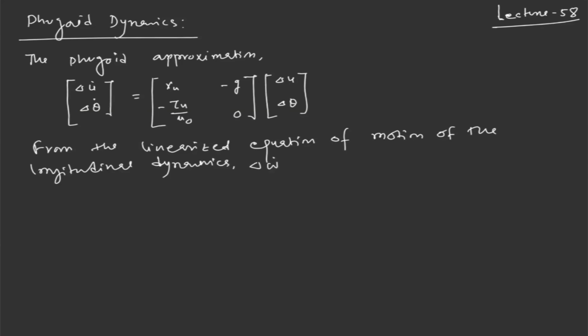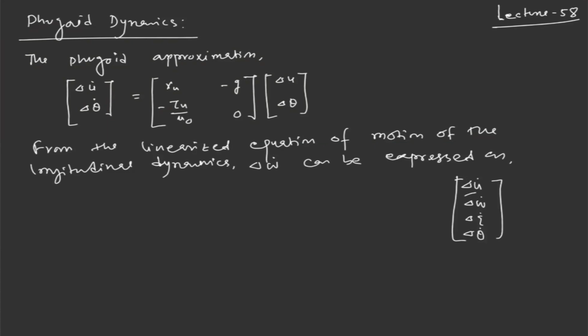Delta w dot can be expressed as follows. For the linearized longitudinal motion, we had four degrees of freedom equations, or in terms of state variables, delta u dot, delta w dot, delta q dot, and delta theta dot. These are the variables in the longitudinal motion.